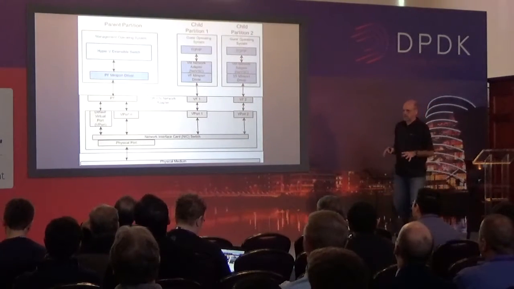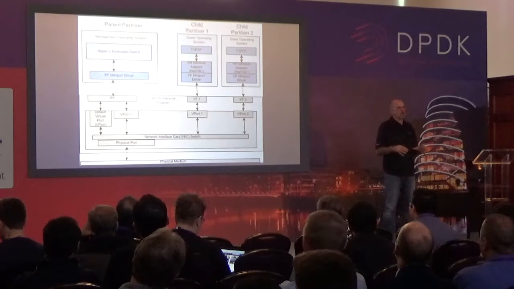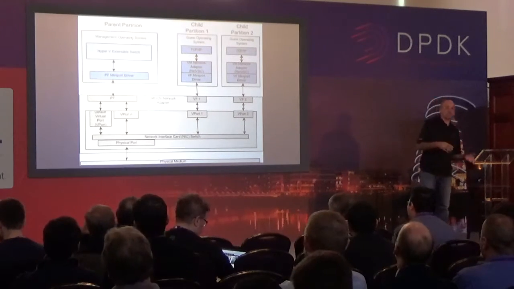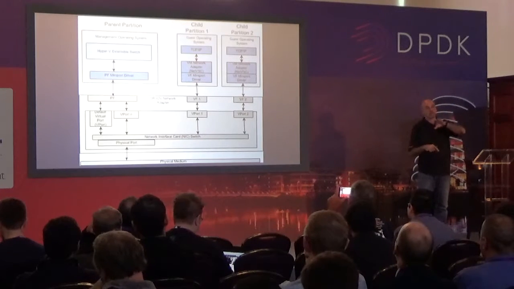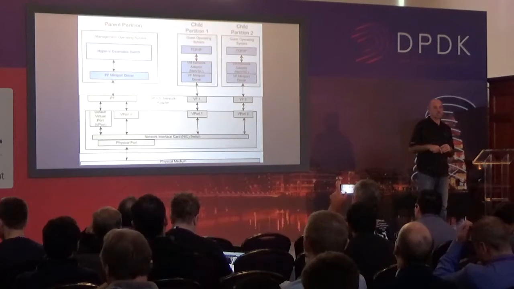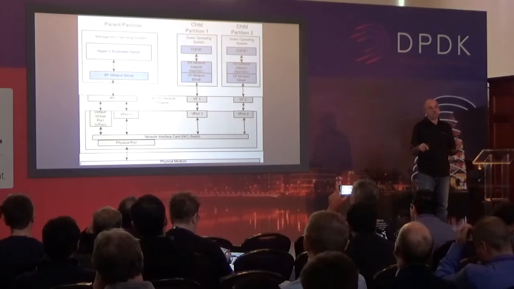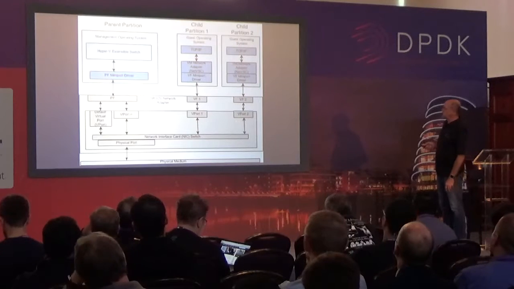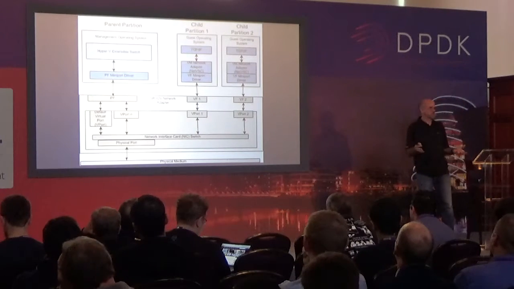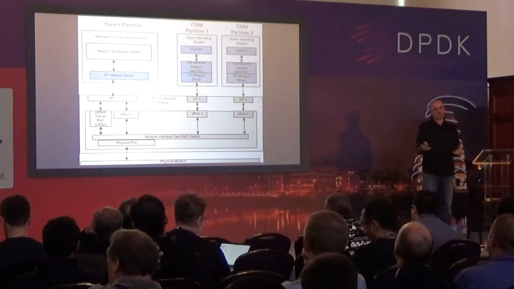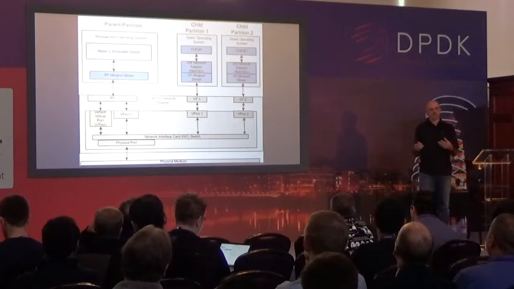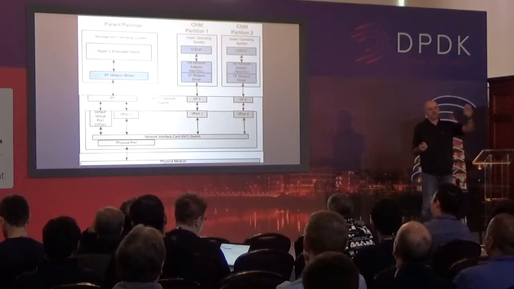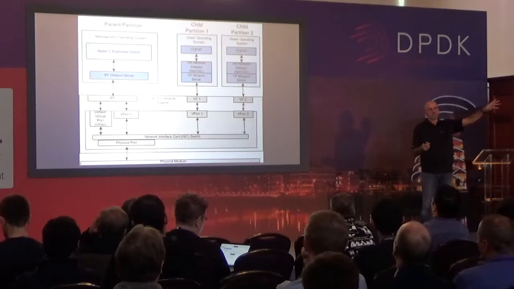The other big thing here is the way we do SR-IOV in HyperV is different than it's done on other virtualization platforms. SR-IOV is where you basically take a physical device and you split it out into multiple virtual function devices. And the way that the hypervisors handle that is they pass a virtual PCI device up to the guest.